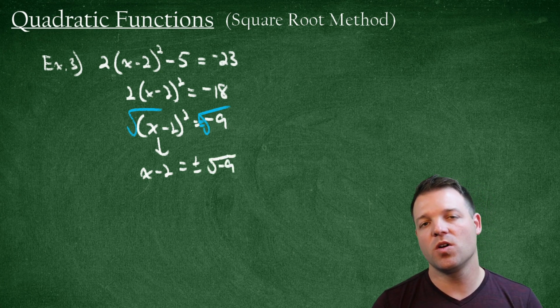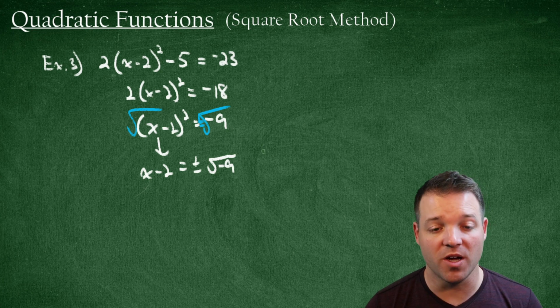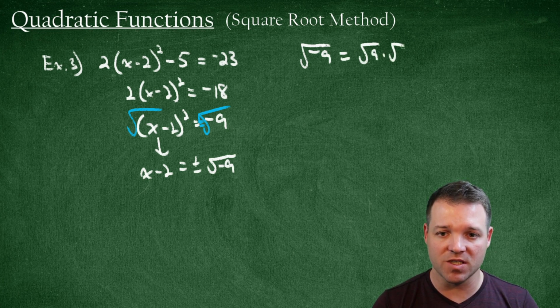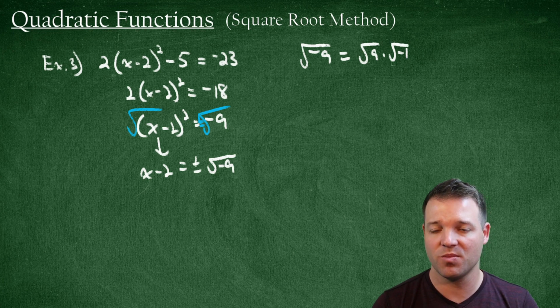Okay, so we just learned about imaginary numbers, and so we can actually take the square root of a negative number. Let me show you the breakdown of this without skipping any steps up here, and then I will pop it down here. So the square root of negative 9 is equivalent to the square root of 9 times the square root of negative 1. We can separate these out according to our radical rules, so that's totally fine.